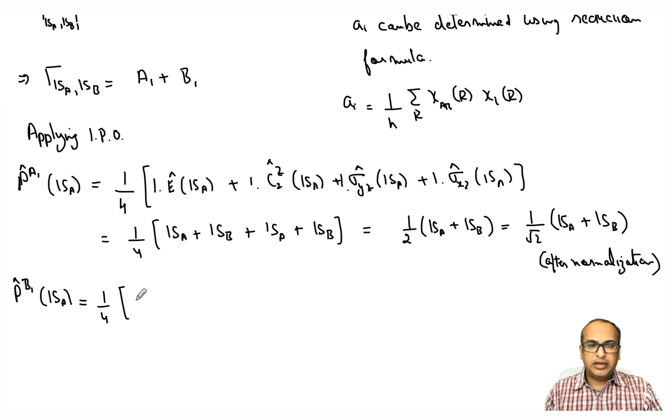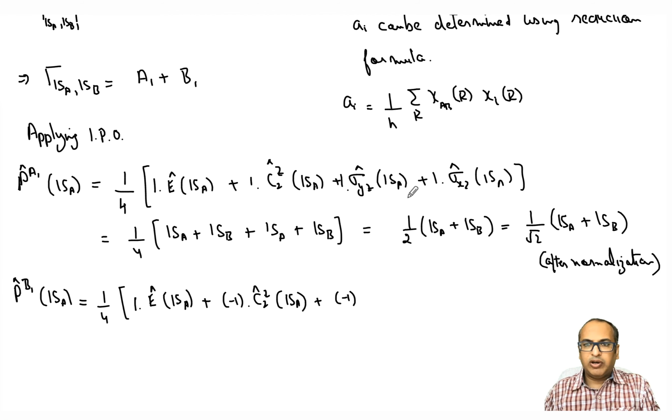So under E it will be 1, and then you have E on 1SA. Then for C2 it will be -1 character, and C2Z on 1SA. Then you have sigma YZ. So the character under sigma YZ is again -1. In one of the cases it will be YZ, one of the cases it will be +1. Okay.